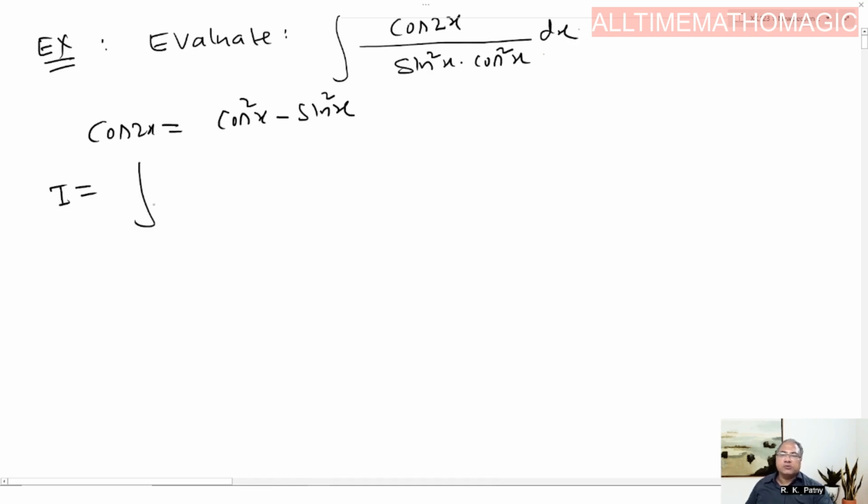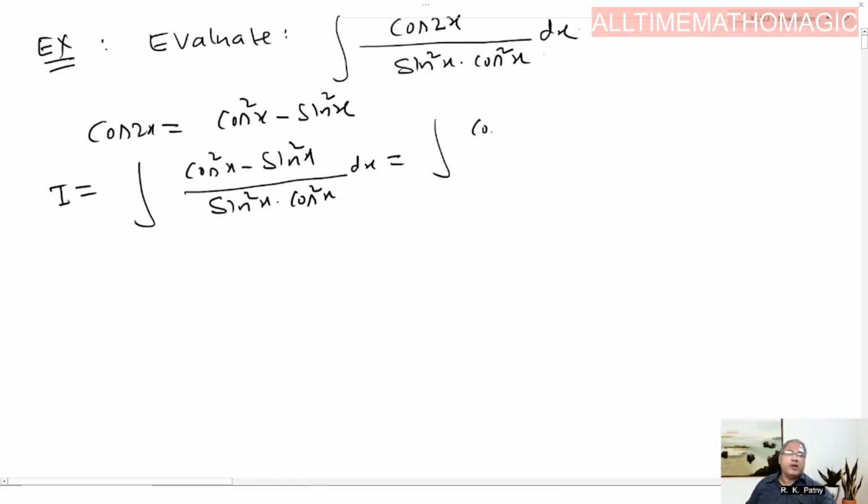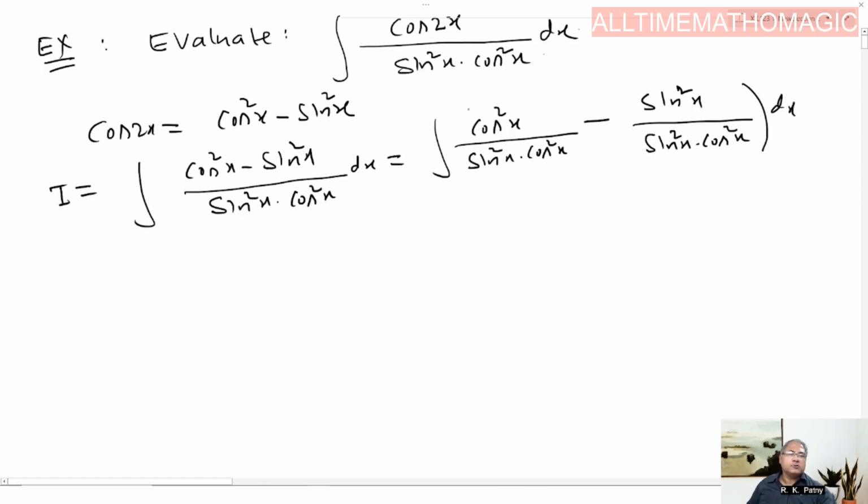Therefore, I equals cos square x minus sin square x upon sin square x dot cos square x with respect to x, which can be simplified as cos square x upon sin square x dot cos square x minus sin square x upon sin square x dot cos square x with respect to x.